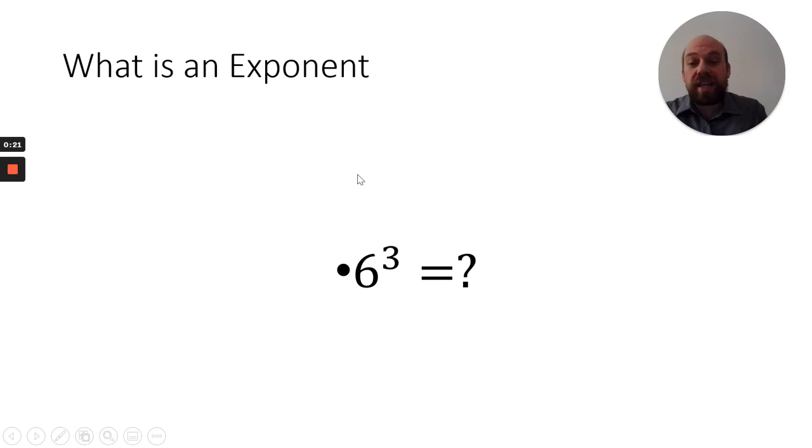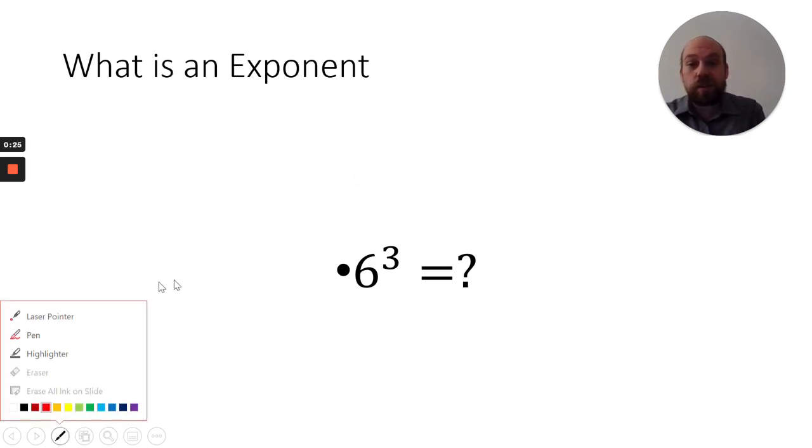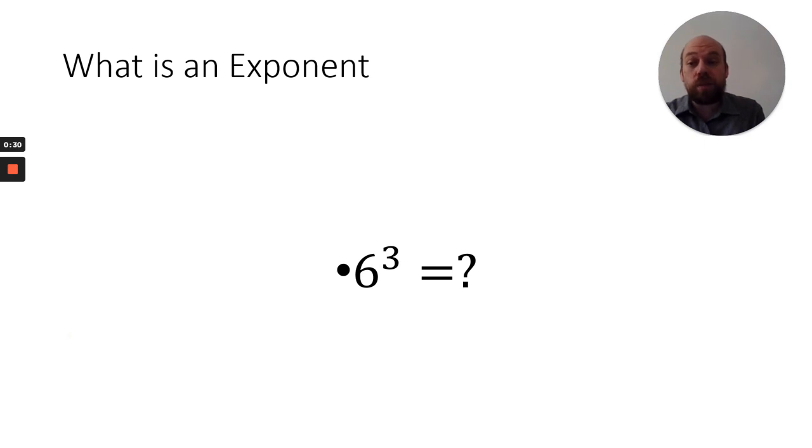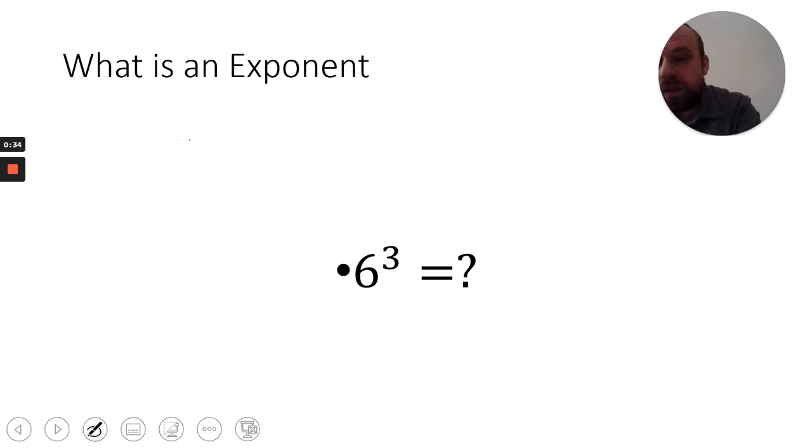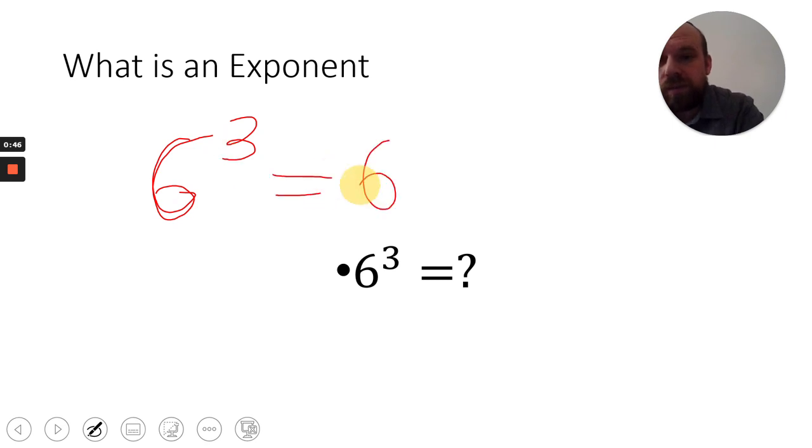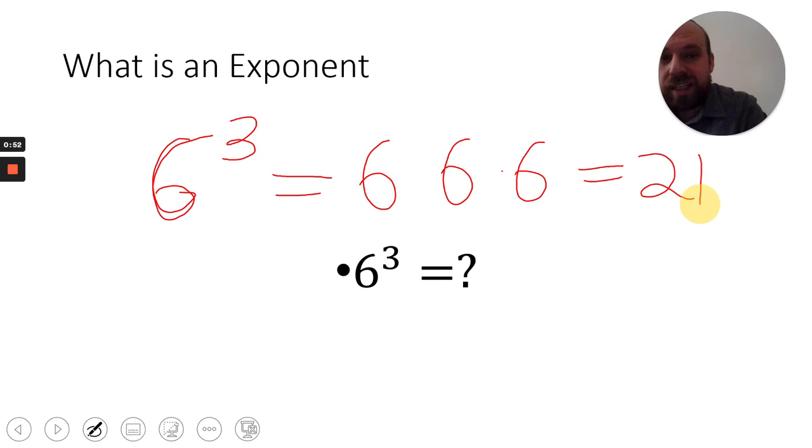So first of all, what is an exponent? Here we have 6 to the third power, or read as 6 cubed. It means 6 to the third power means 6 times 6 times 6, which should be 216.